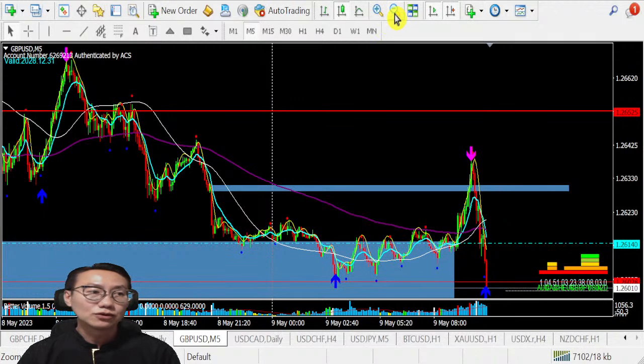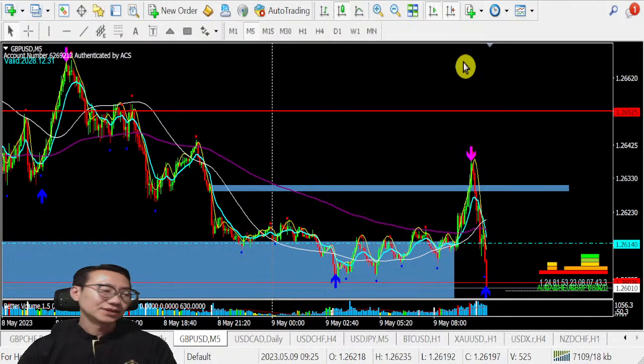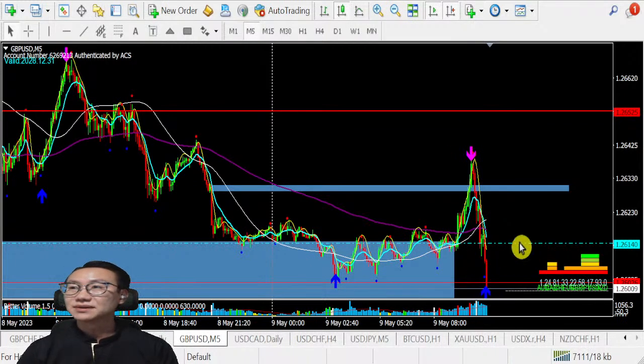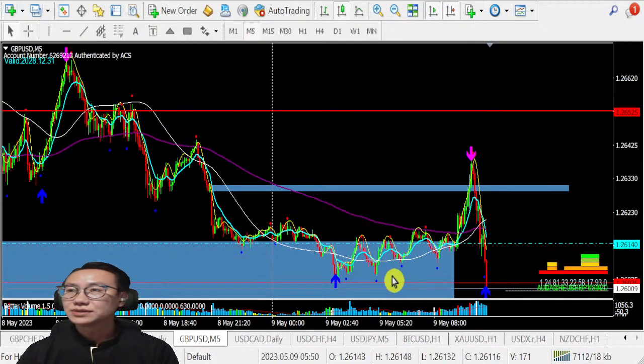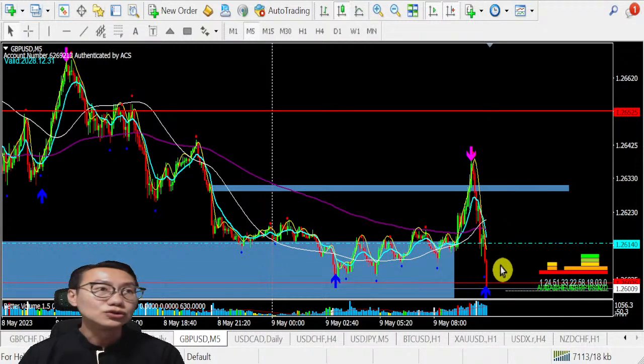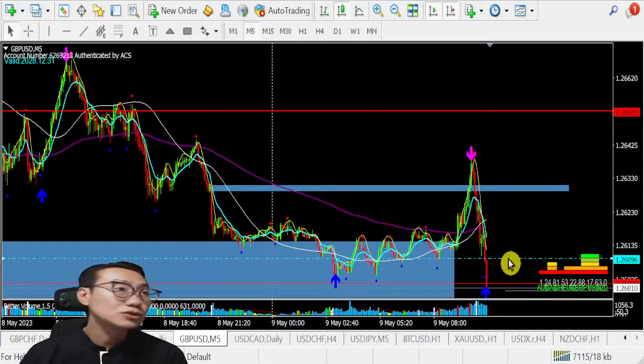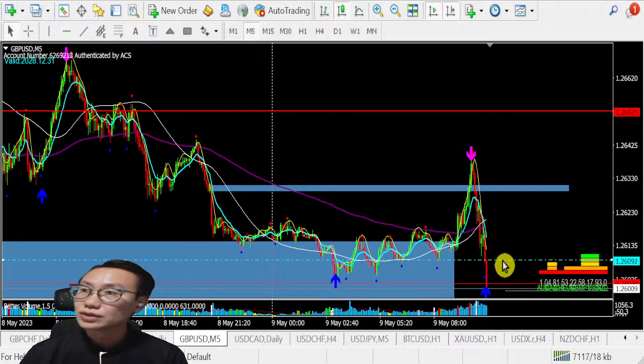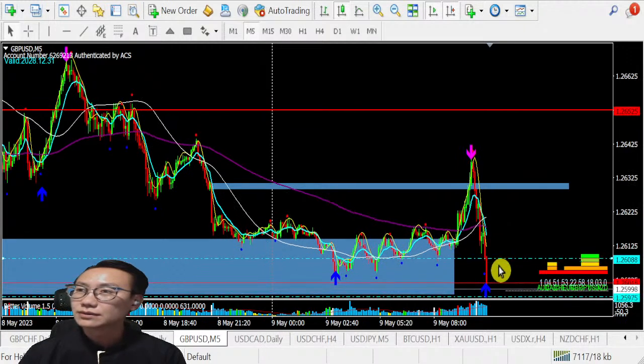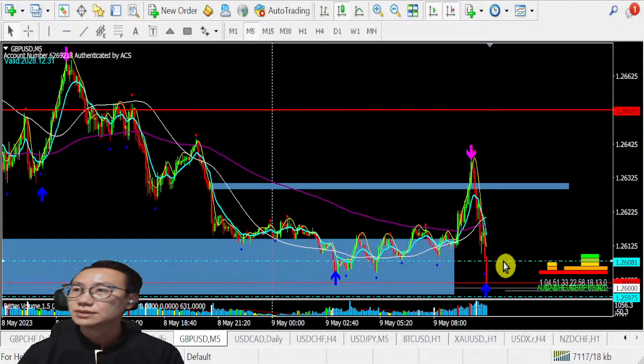So for Flora, please don't chase. If you didn't enter, please don't chase, because you are waiting for the retesting. Am I right? You are waiting for retesting into 1.2608.